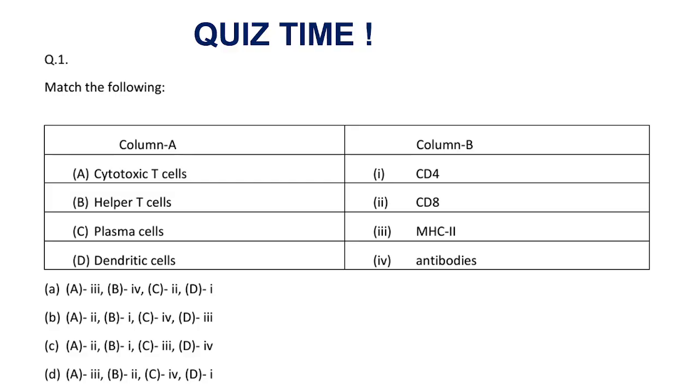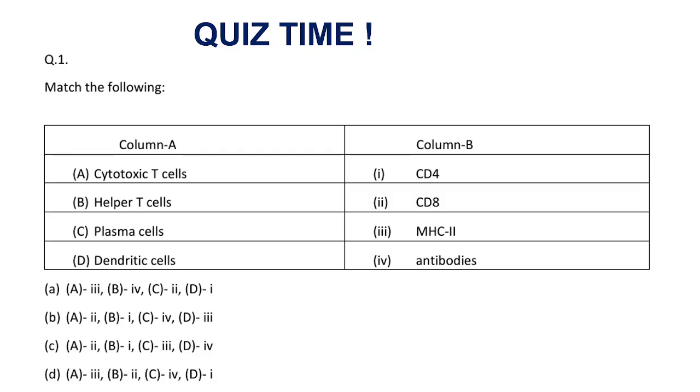So let's see, B. Okay, so the cytotoxic T cells are characterized by the presence of CD8 glycoprotein, helper T cells CD4, so A2, B1. The plasma cells are fully differentiated B cells, acting as antibody factories, so C4.